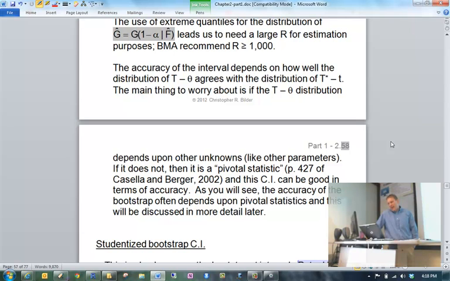So how good are these intervals? How do we measure accuracy with respect to a confidence interval? Width would be one way to evaluate the interval. I guess I'm thinking about accuracy in terms of coverage.